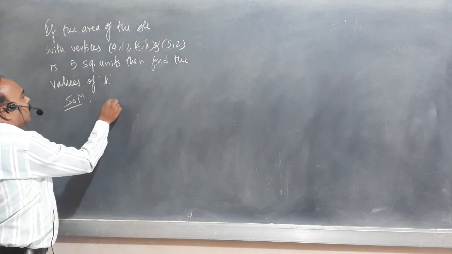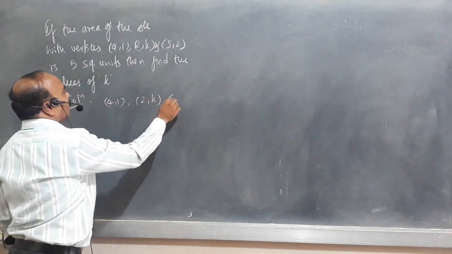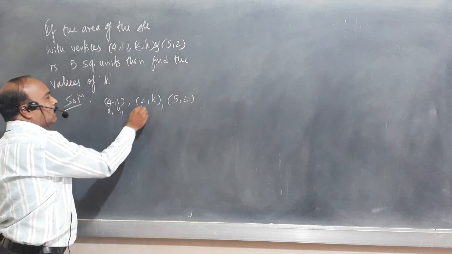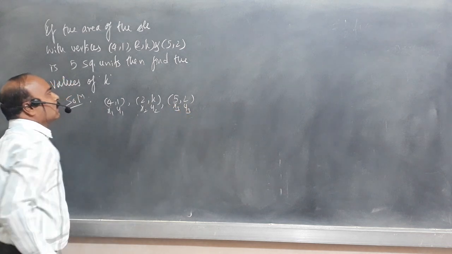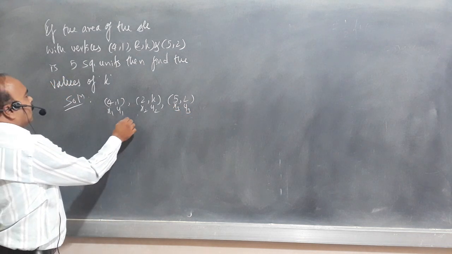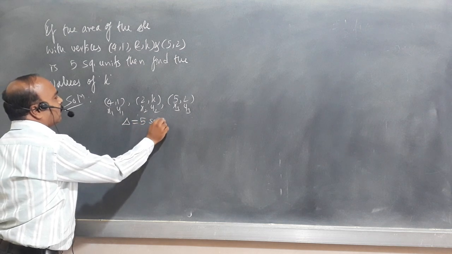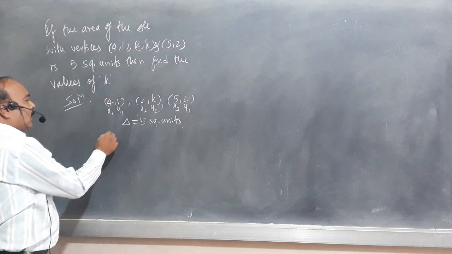It is given the vertices are 4, 1, 2k, 5, 2. It is x1, y1. It is x2, y2. It is x3, y3. Now the area is also given: delta equal to 5 square units. Now we write the area of the triangle formula.